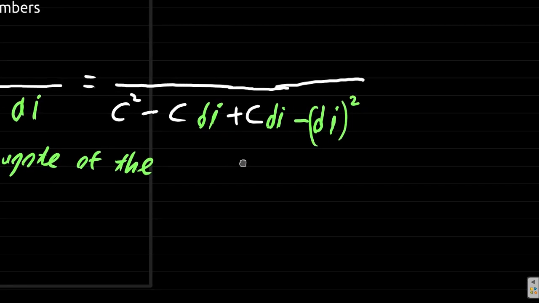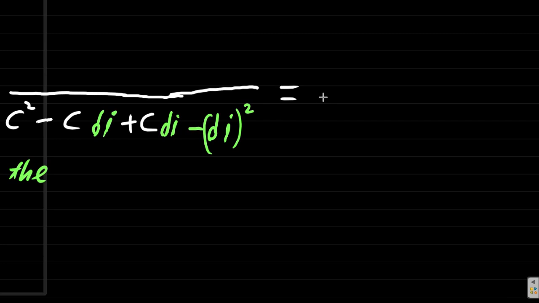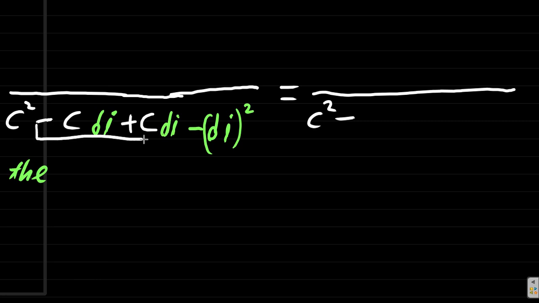So we'll soon deal with the numerator, what happened up top. Let's see what happened down the bottom first. So we have C squared, then minus CDI plus CDI, but guess what? Negative CDI plus CDI is gone, right? So what we have is a minus D squared I squared.